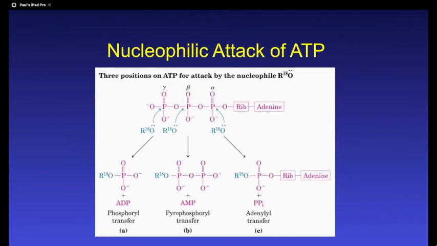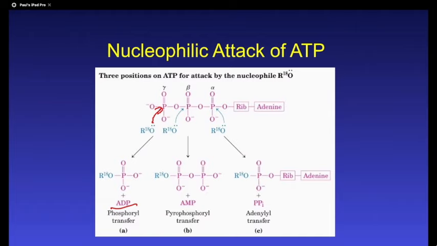And so what would happen is, if you attacked at the gamma, the reaction would give these products. ADP and 1 phosphate would move. Okay? So at the end, when you see reactants and products, if the product contains an ADP and 1 new phosphate somewhere, I know exactly where the reaction attacked. It was at the gamma.